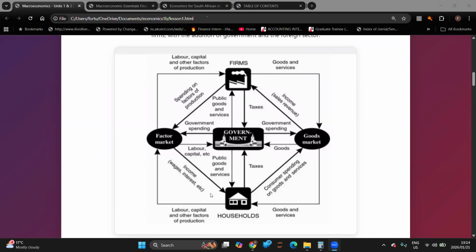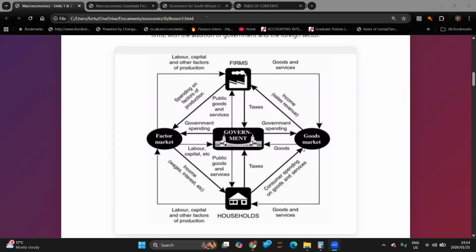So within that particular market, you'll be having elements like your pricing, your normal pricing that you learned in your microeconomics, the forces of demand and supply, in existence, determining what prices to be paid for each factor of production, etc. Then it creates access to the factors of production. And as the firms are supplying the goods and services, the goods market is then formed as a result of that.